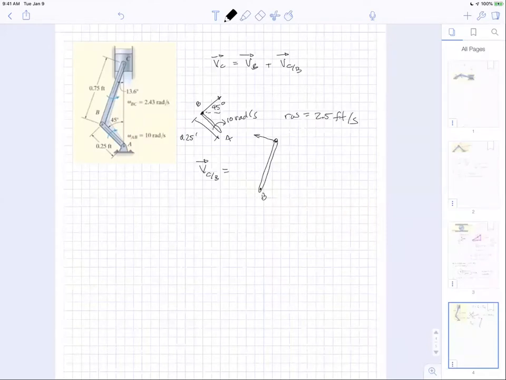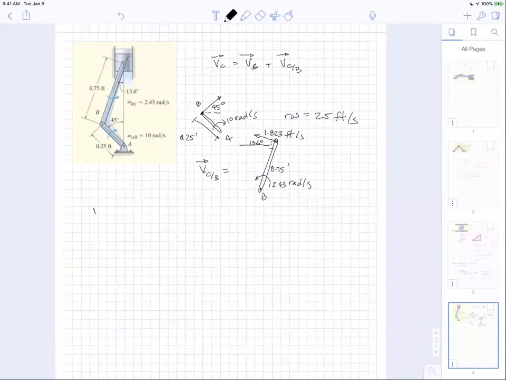And the r was 0.75 feet, and the omega was 2.43 radians per second, and omega times r equals 2.43 times 0.75, 1.823 feet per second, perpendicular to that arm, which means it's at 13.6 degrees above the horizon. Okay, and so hopefully that will all add up to C having a vertical velocity.